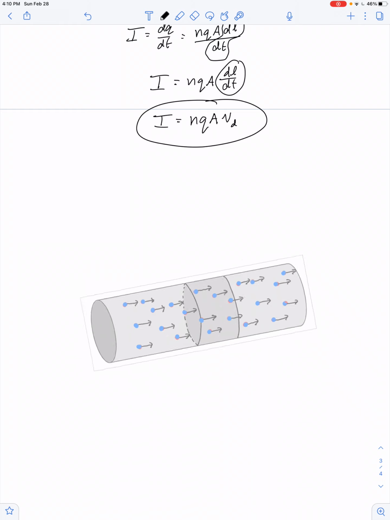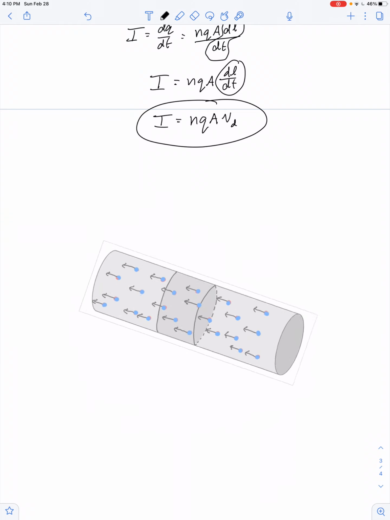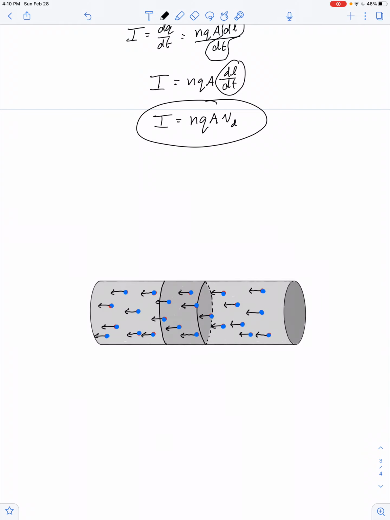Let me turn this around. So we have high potential on the left end and low potential on the right end. The electric field still points toward the right, but now we are talking about a metal wire, and we can see that in this case the free particles are electrons, and now their drift speed is to the left.